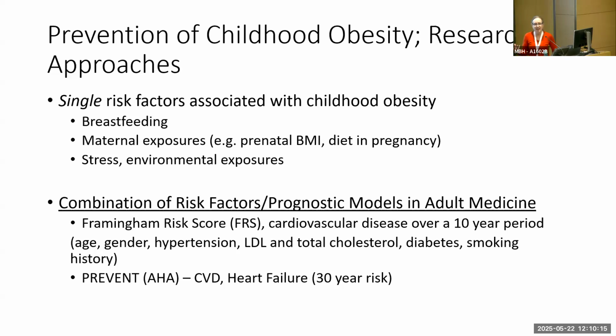He looked at adult medicine and realized we have so many risk scores and algorithms to help the clinician predict future onset of disease, like the Framingham risk score, which has been around for quite a long time, and the American Heart Association PREVENT, also for cardiovascular disease and heart failure. And yet we didn't have anything that I could find for pediatric obesity.